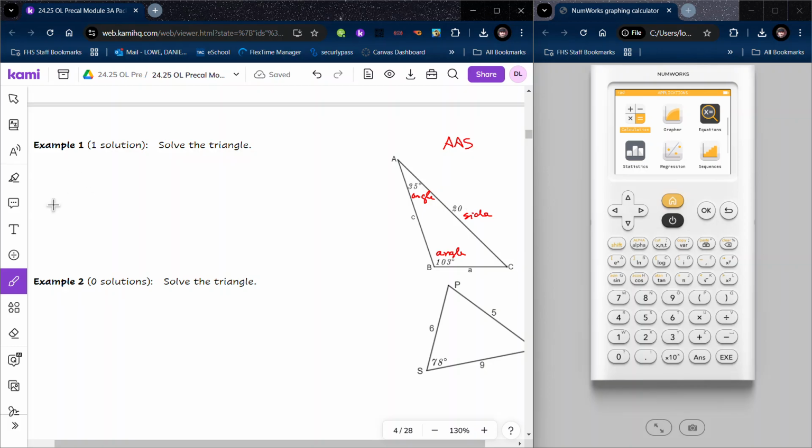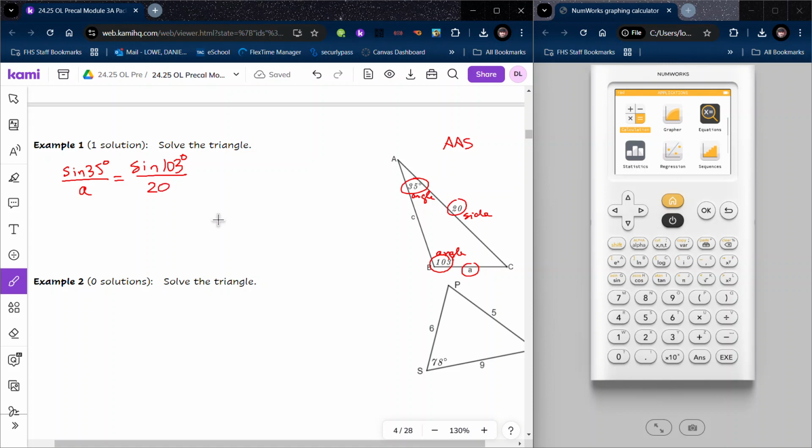From the law of sines, I know that the sine of 35 degrees over a is going to be equal to the sine of 103 degrees over b, and b happens to be 20.